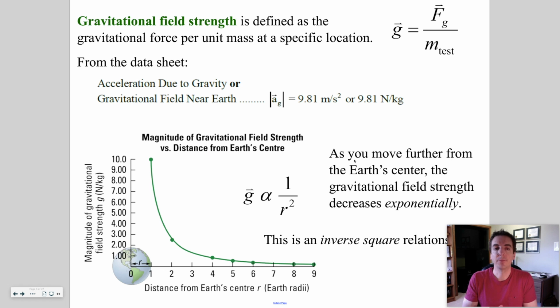Okay, so gravitational field strength is defined as the gravitational force per unit mass at a specific location. So if you take your Fg equals mg formula, your weight formula, and solve for gravitational field strength, you get gravitational force per unit mass.